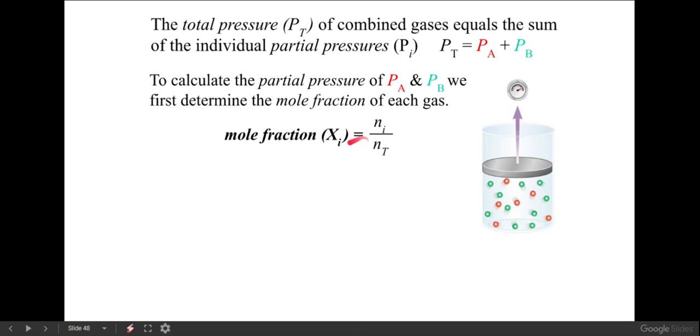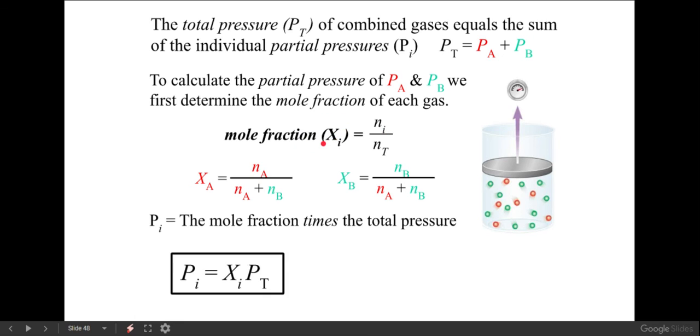Now, the mole fraction, just like the name suggests, is a fraction of moles. So on the bottom, the total number of moles of gas. On the top, the moles of individual gas. And so it has this italicized X. And so once you know it, if you know the total pressure, multiply by the mole fraction, and you have the individual pressure.